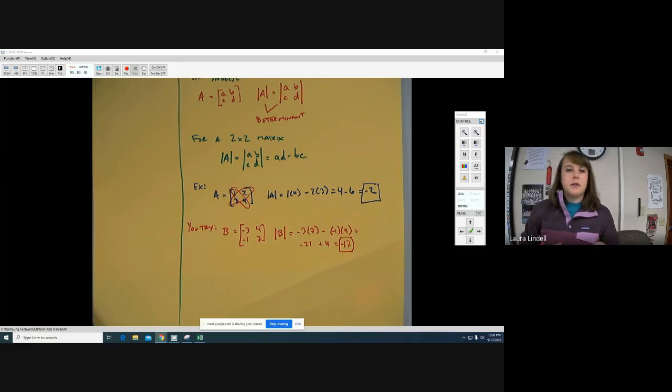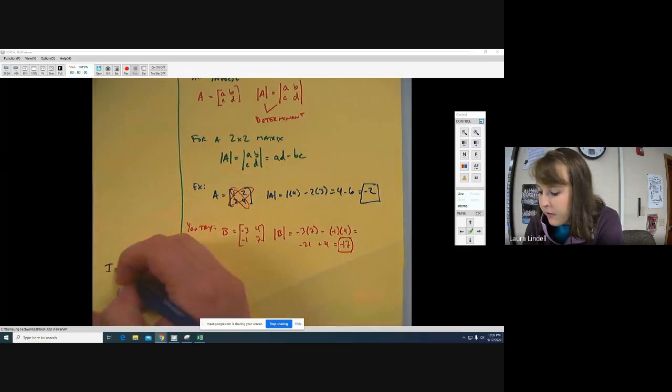Before we talk about determinants of 3x3s, we're going to talk about inverses. And first of all, I didn't say this before, but only square matrices have determinants. So if you have a matrix that is not a square matrix, then you're never going to need to find a determinant of it because it does not have one. And likewise, only square matrices will have an inverse.